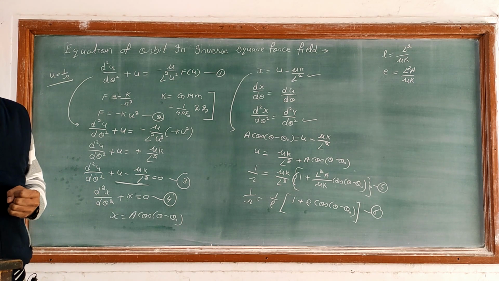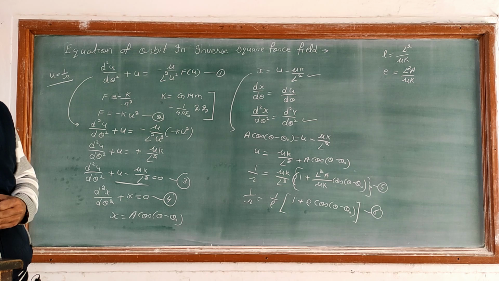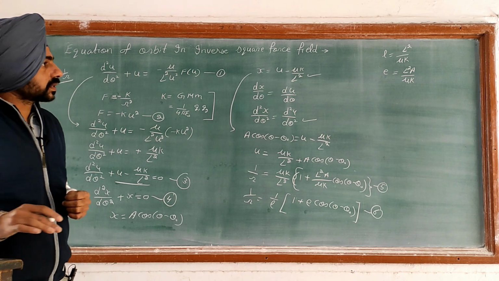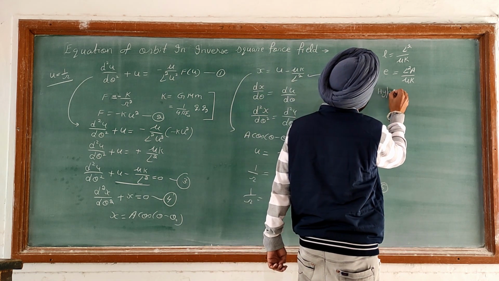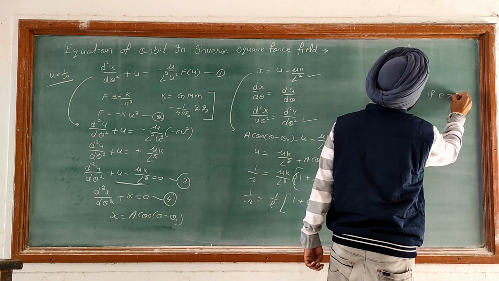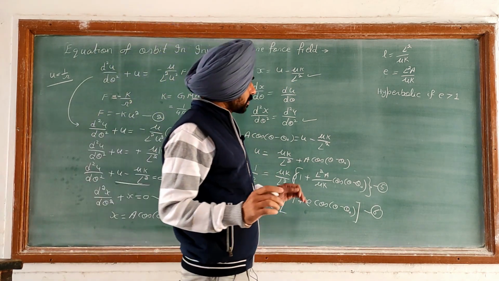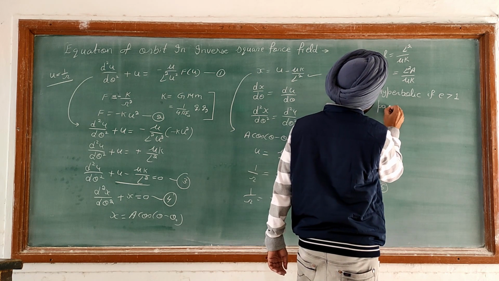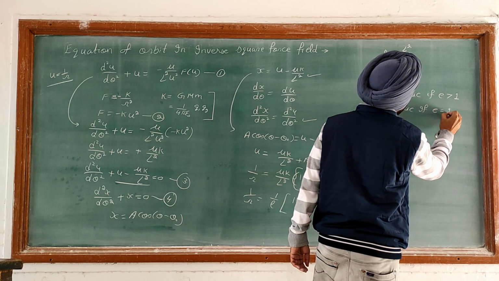So the trajectory of the body depends upon e, which is a function of A, a constant, and the angular momentum vector L. The trajectory of the body is hyperbolic if small e is greater than 1, and it is parabolic if small e is equal to 1.